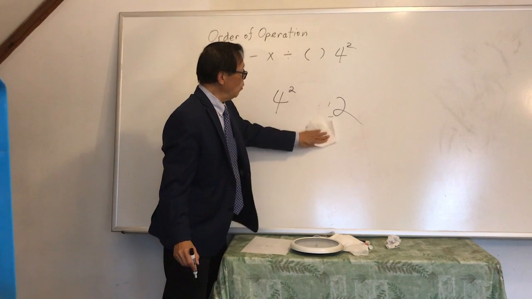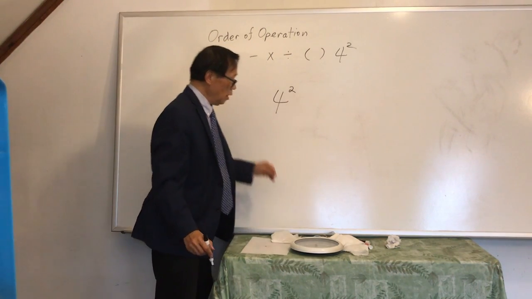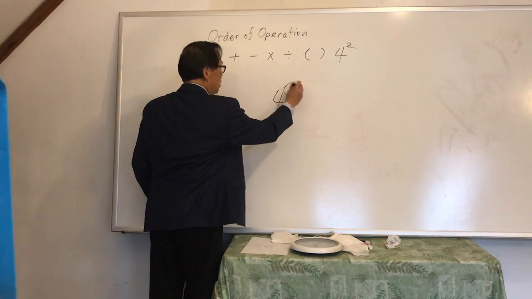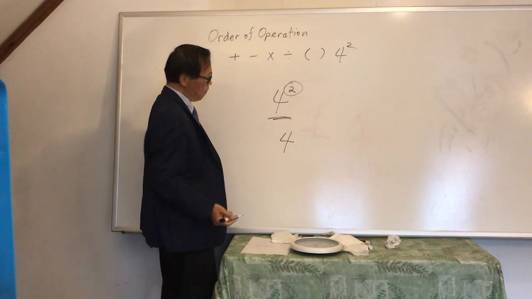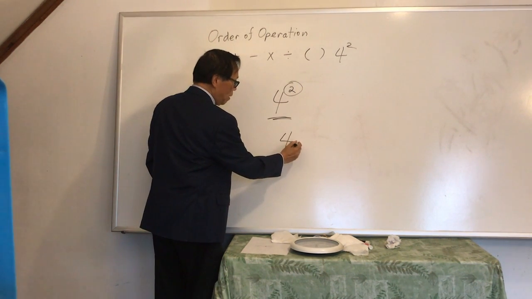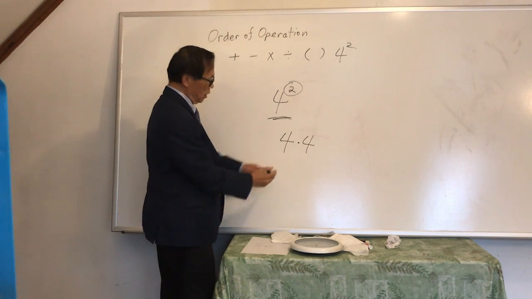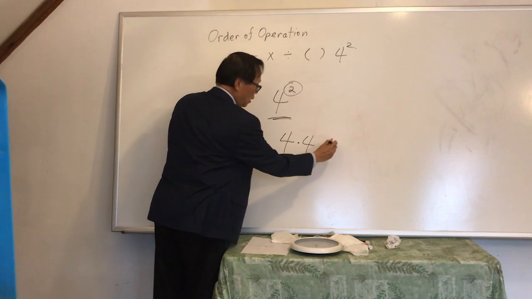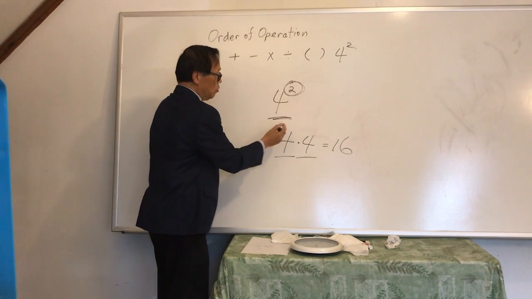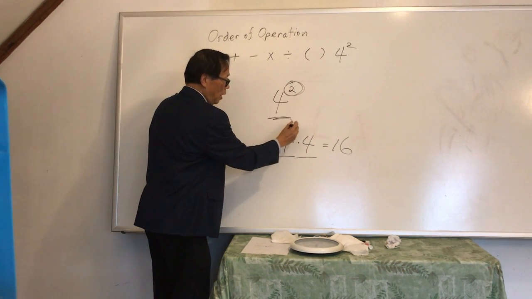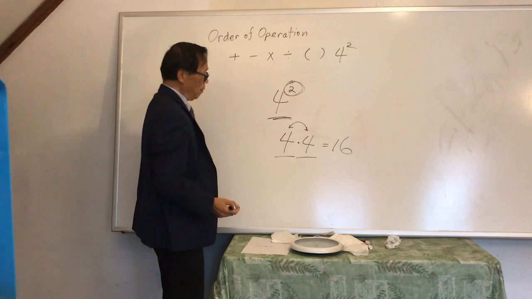So, what does that little number mean? It's called the exponent. It means that you have to use the base 4 and multiply it by itself. There's 2 of them. That's going to give you 16. That's what the 2 means. It means you take the base and multiply 2 of them.